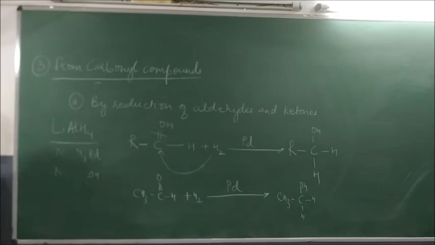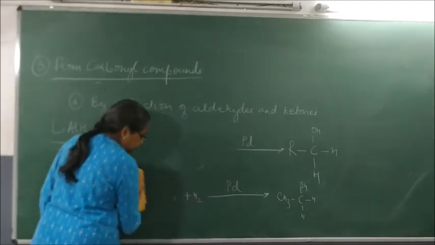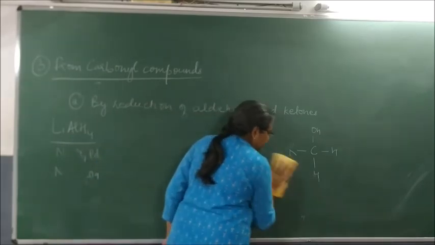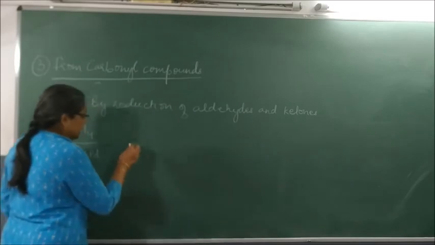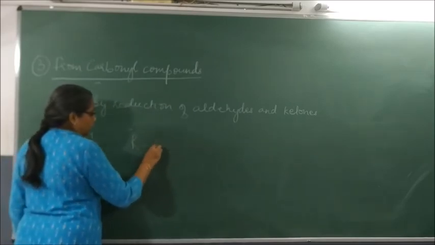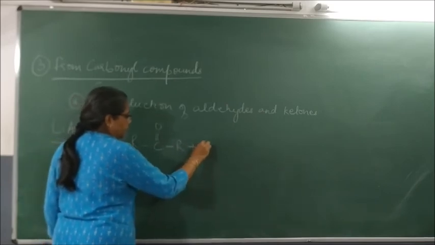Aldehyde clear? So aldehydes on reduction will always give you what alcohol? Primary alcohol. Now we will talk about ketones. R, C, double bond O, R plus H2.